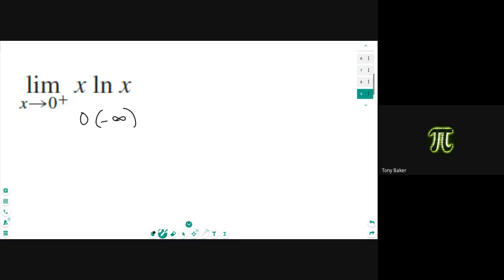So how can I rewrite this so I have this as a fraction? You cannot take the derivative before it's a fraction. So how can we use algebra to rewrite this problem? Because this is going to be the hardest part of this topic.